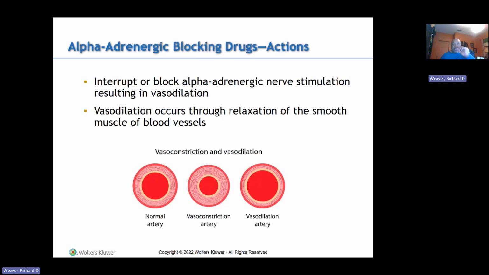We want that in some of our patients, especially, let's say, if you've got a patient with hypertension. We want this type of drug because we want to lower the patient's blood pressure. Someone comes in with a blood pressure, or they usually walk around with a blood pressure of, let's say, 180 over 120. Well, we want those blood vessels to dilate so that that blood pressure will drop.